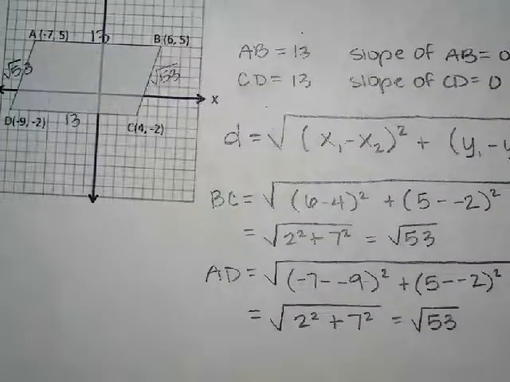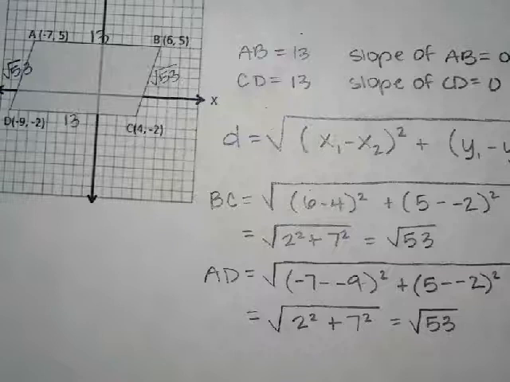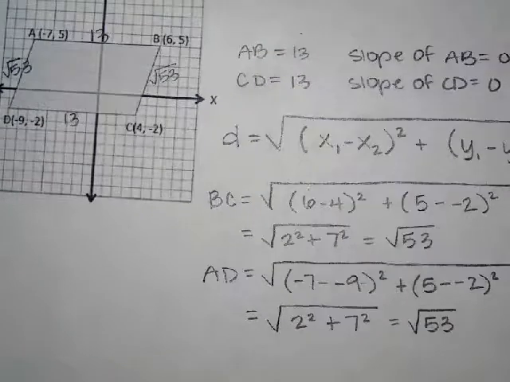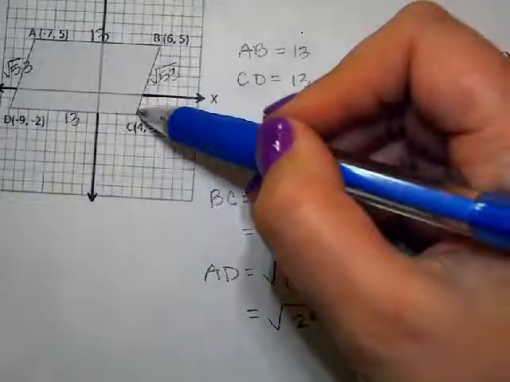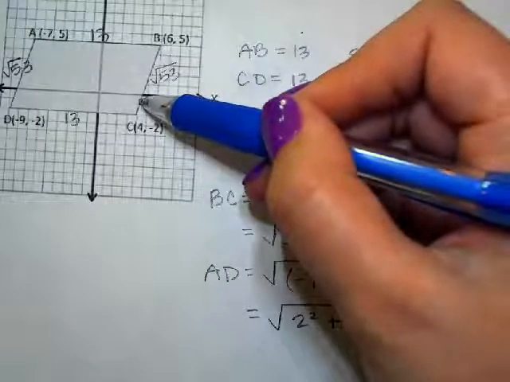Yes. What's the slope? Can you tell? Yeah, it looks like up 7 over 2. Okay. Cool.